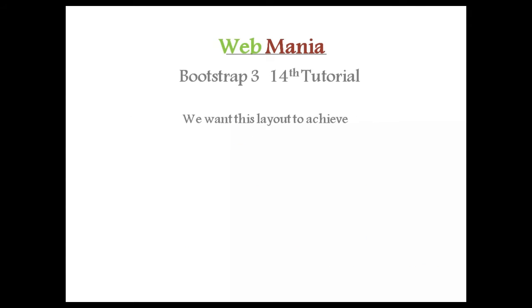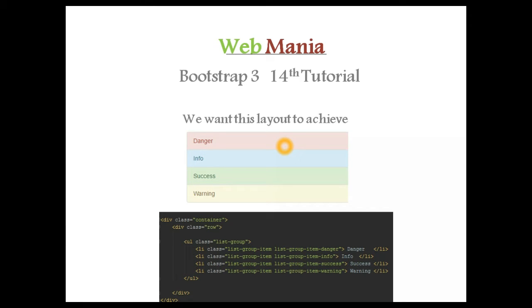So if we want to achieve this layout, we use danger class, info class, success class, and warning class. For achieving this layout, here is the required HTML for that.